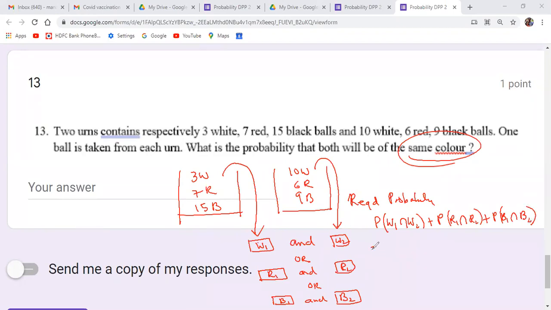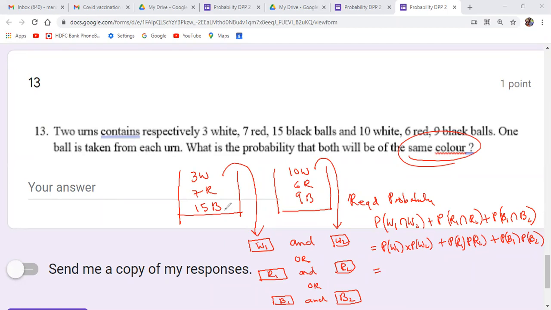They are independent events, so directly multiply. No need of writing given, because after the event R1, R2 is not affected.